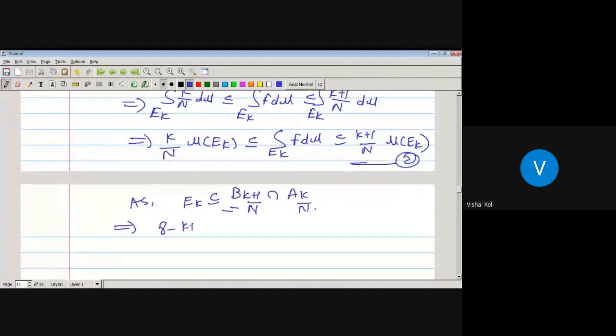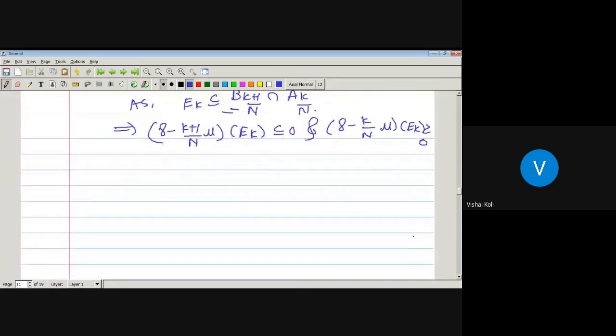So gamma minus (k+1)/n into mu of E_k is less than or equal to 0, and gamma minus k/n of mu E_k will be greater than or equal to 0, which is from the definition of positive and negative set.